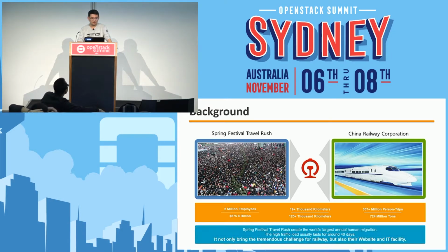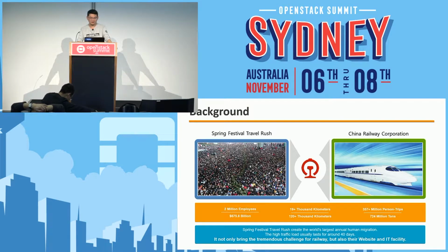As you can see from the picture, Spring Festival travel rush creates the world's largest annual human migration every year. Almost all rail operations are handled by the China Railway Corporation, a state-owned enterprise, which is also the only railway enterprise in China.